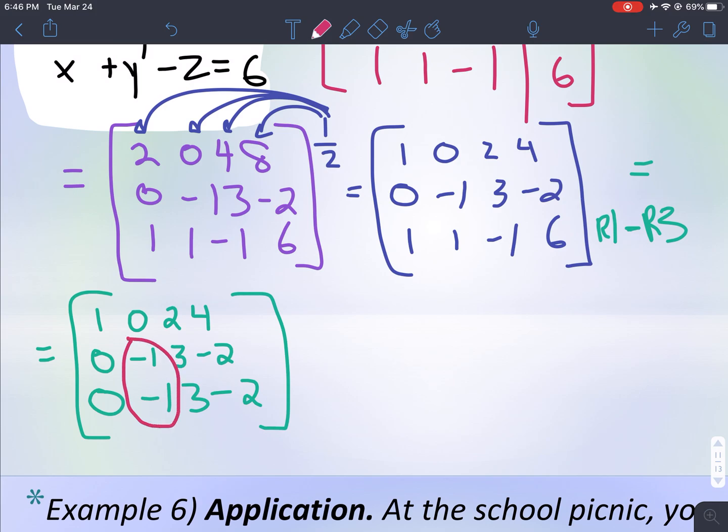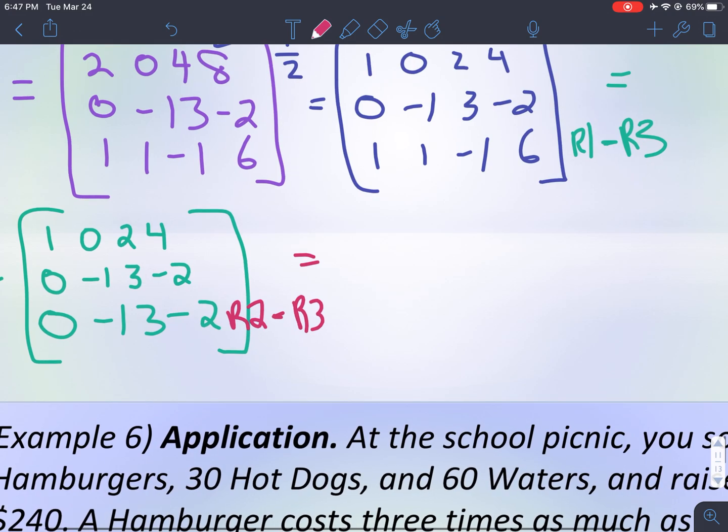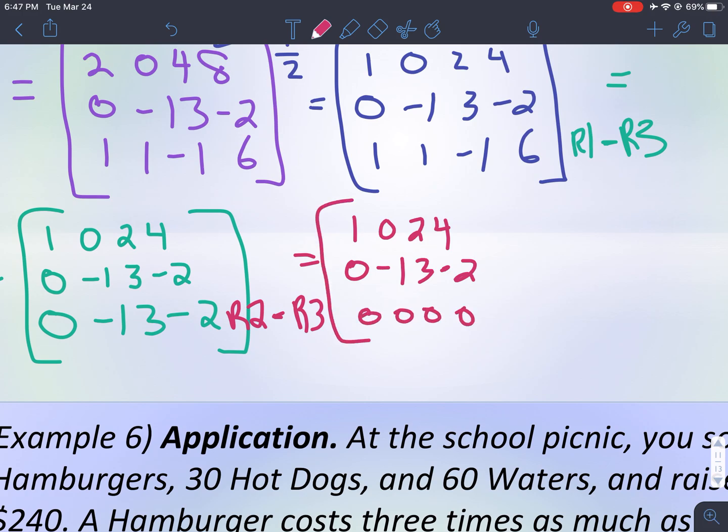Looks like I've got some pairs here. So what if I subtract row 2 and row 3? Then my next matrix will be 1, 0, 2, 4, 0, negative 1, 3, negative 2, and then all zeros on the bottom. How can we interpret this?